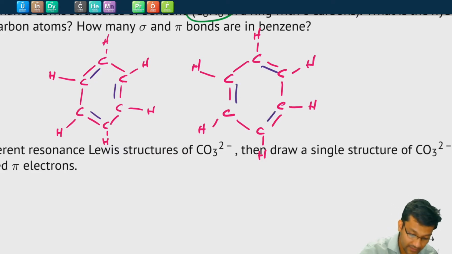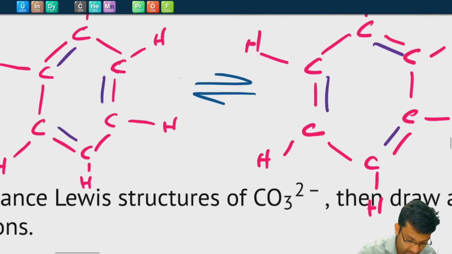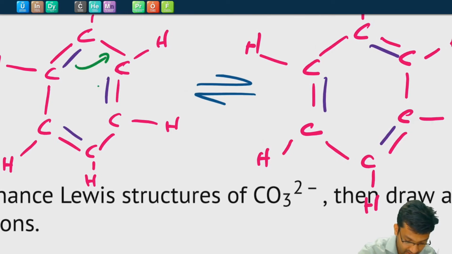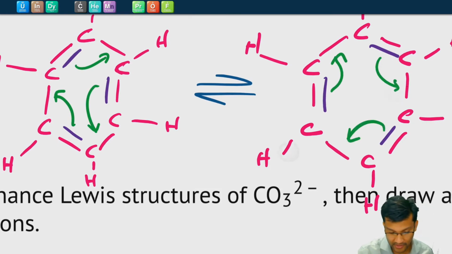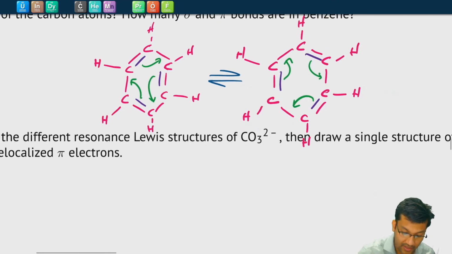But really, these, as you know, are hybrid structures where the double bond, let's use green, these pi electrons are constantly moving, jumping from bond to bond, right? I'm drawing here them jumping clockwise. They could jump in any direction, really, but they're constantly moving. And so those electrons are delocalized.